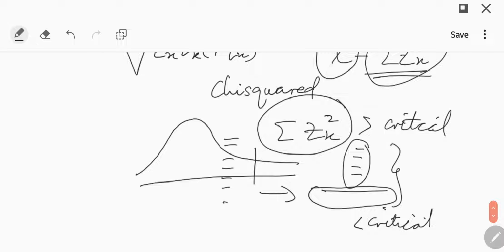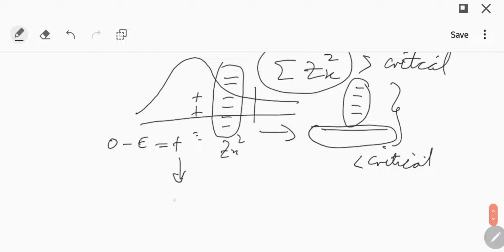Once I take the zx squared, it may not be high above the critical value, but all the individual zx's may be negative, or positive, which is an indication that my graduated model, whatever I'm using, if the observed minus expected are all positive, then the graduated model is undergraduated, because the actual deaths are more than what is being estimated.